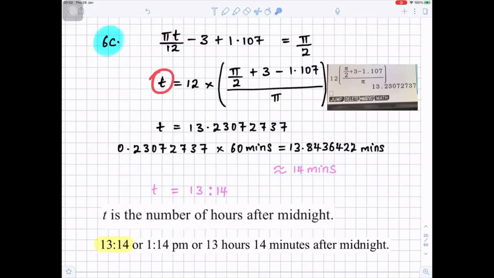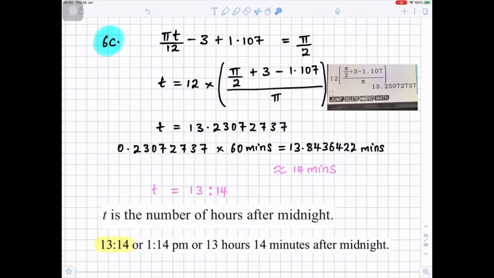So t would be pi over 2, minus 3 goes to the right, it becomes plus 3. Plus 1.107 goes to the right, it becomes minus 1.107. Divide by 12 goes to the right, it becomes times 12. And times pi goes to the right, it becomes divide by pi.